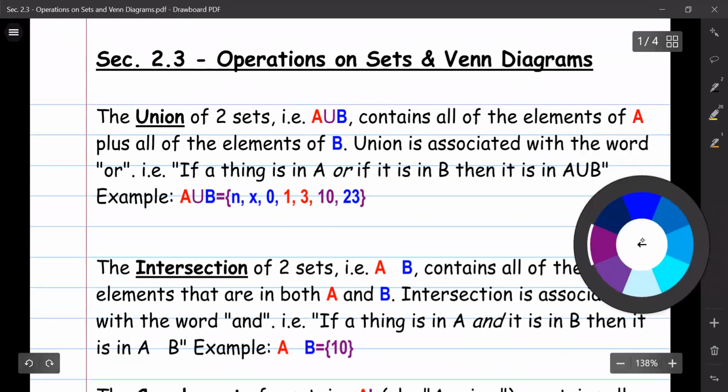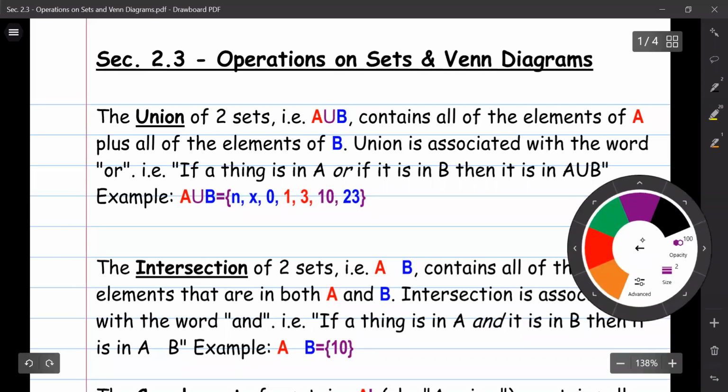All right. So on 2.3, we're talking about operations on sets such as union and intersections.